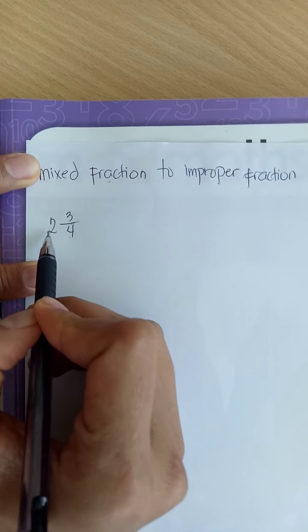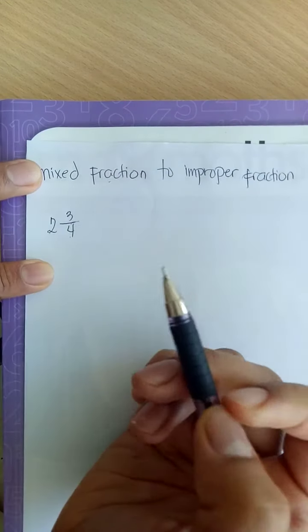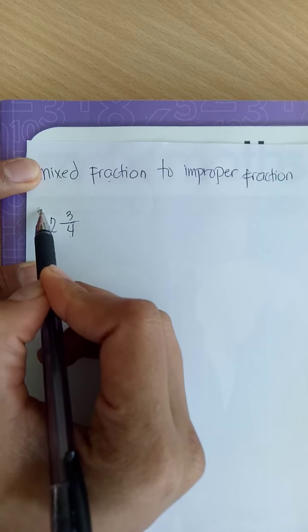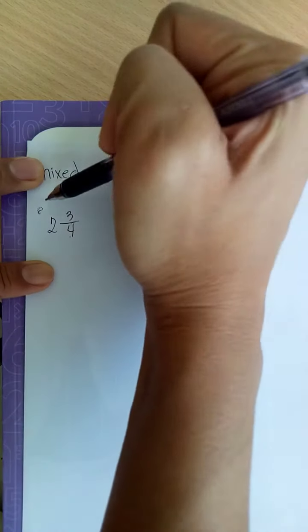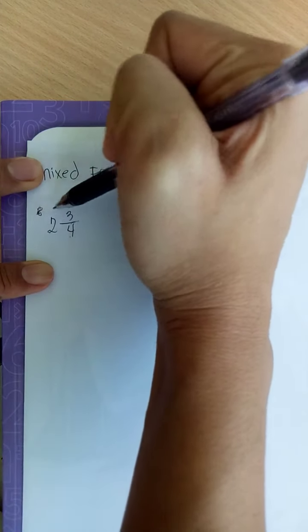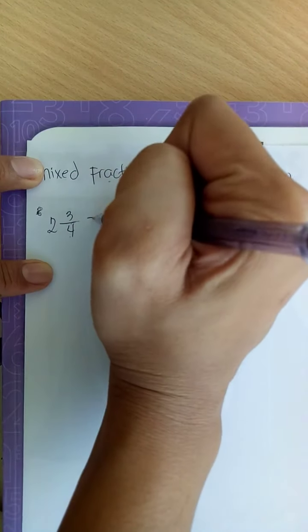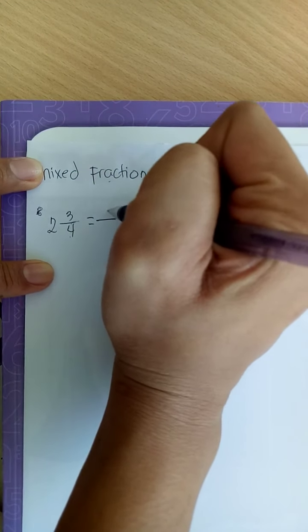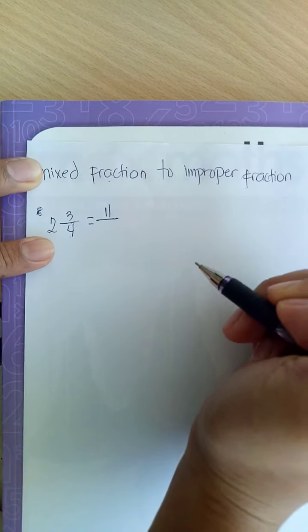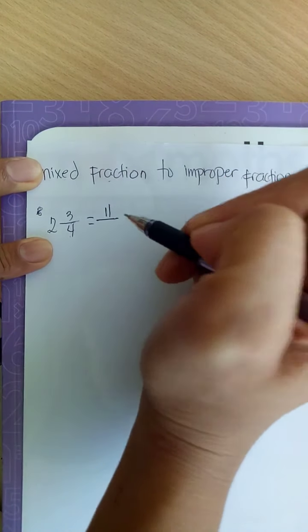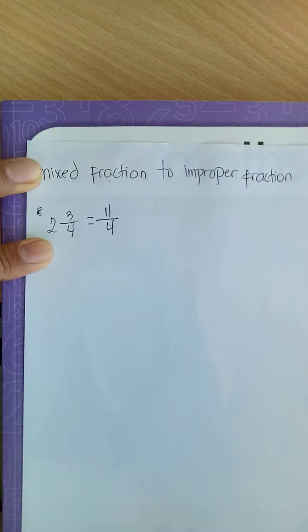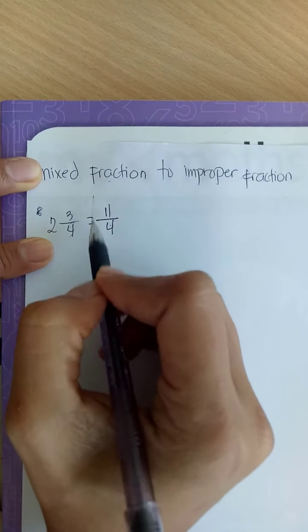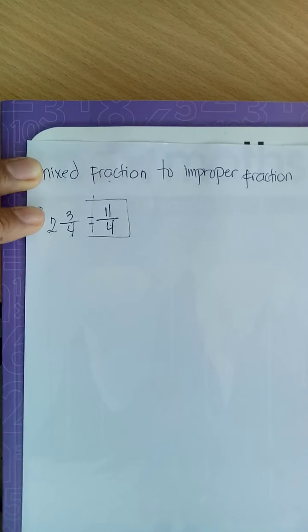So 4 times 2 equals 8. Let me write 8 here. Now 8 plus 3 equals 11. So therefore our numerator is 11, and the denominator is still the same. We just copy 4. That's it. This is our answer.